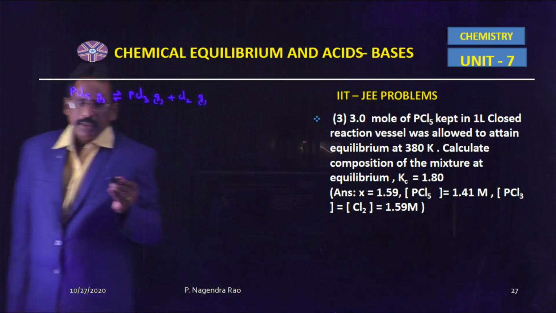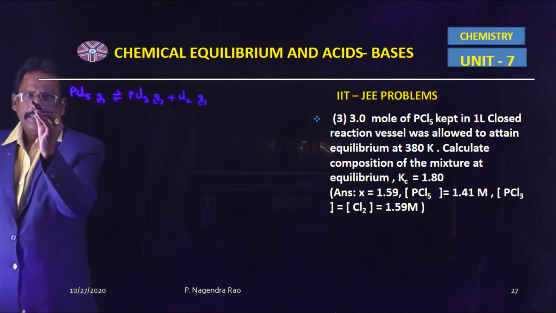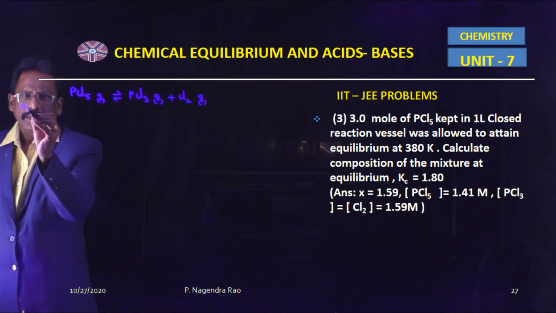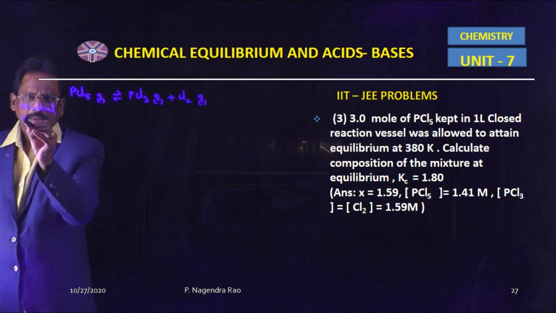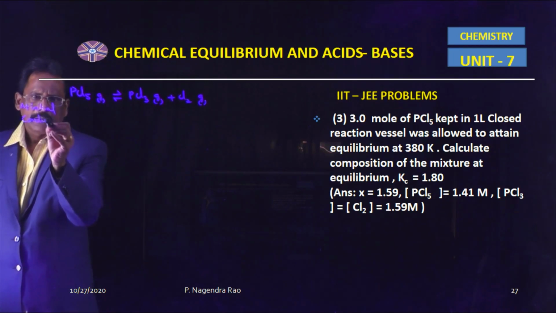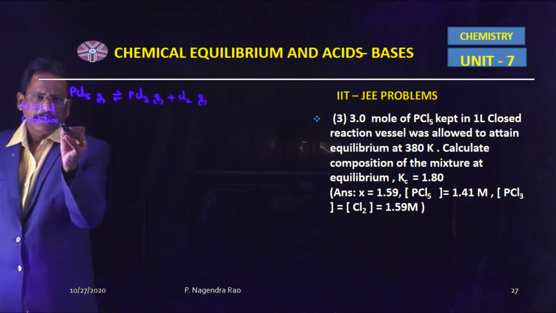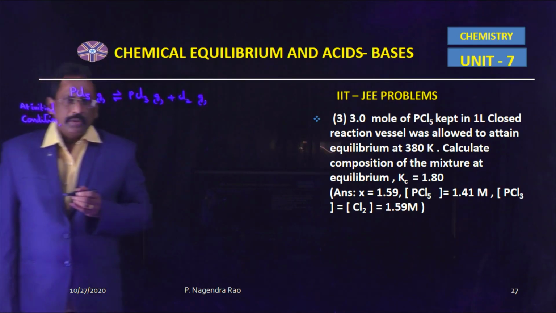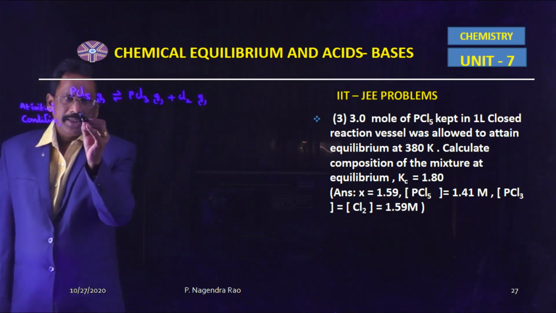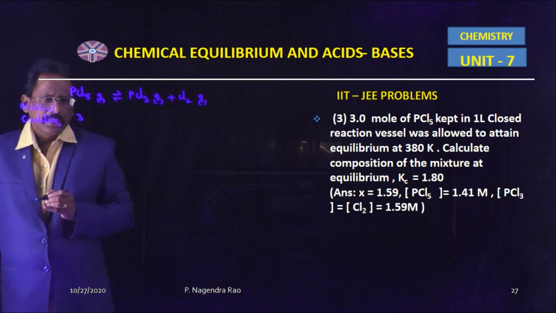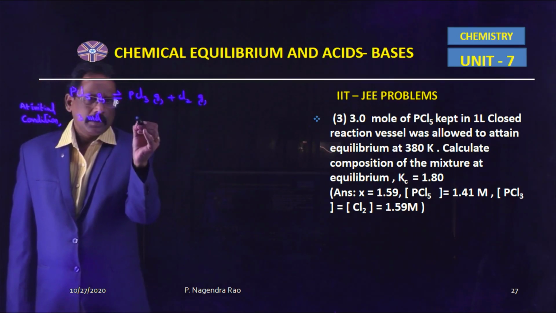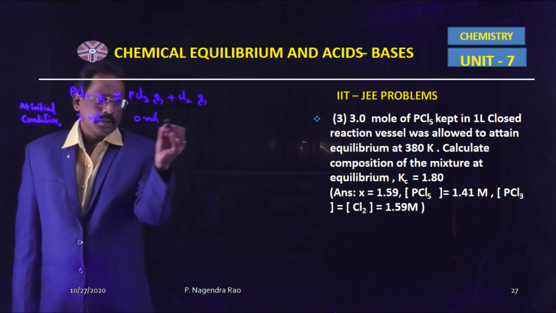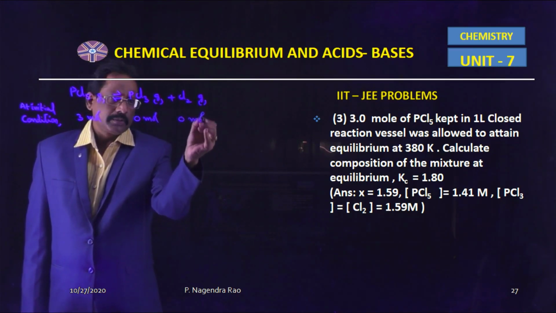At initial condition, the number of moles of PCl5 taken is equal to 3 moles, 0 mole and 0 mole initially.